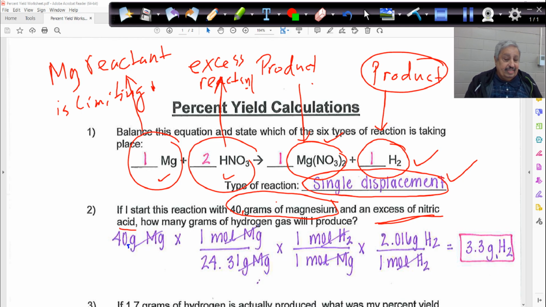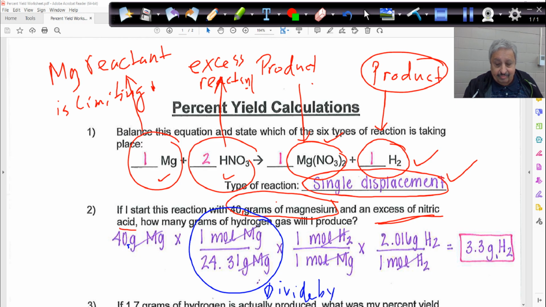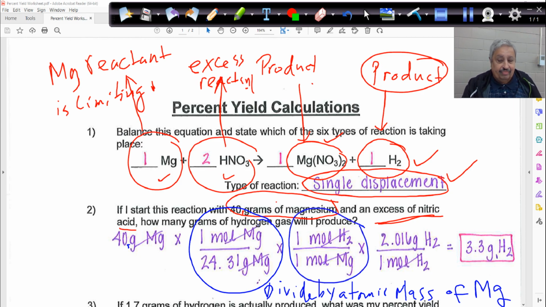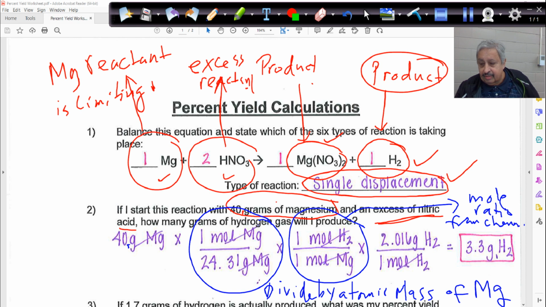And then the next step is, I have grams of magnesium, I have to get rid of the grams. I divide by the atomic mass of magnesium. Then I come here and look at the mole ratio from the chemical equation, correct?